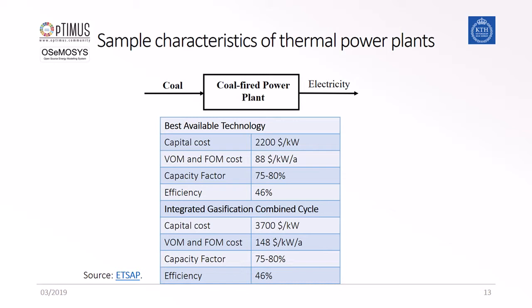You can see that a typical capital cost is $2,200 per kilowatt. You can also see that a capacity factor which would be appropriate is between 75 and 80%. And you can see also the efficiency of 46%, which would be your input and output activity.